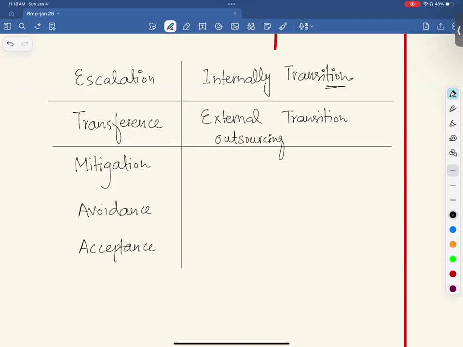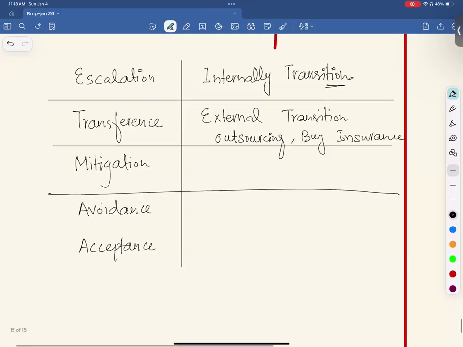It covers the subcontracting as well, absolutely. So transference is external transition. When you outsource, you buy insurance, subcontracting, all these are examples of transference.